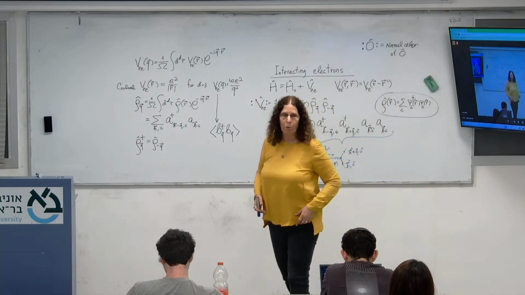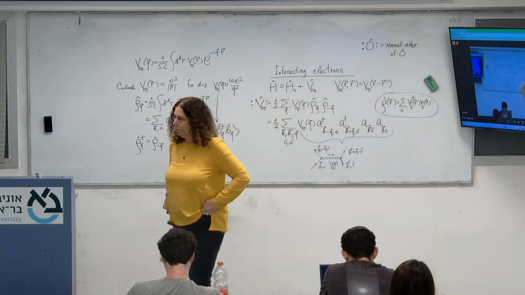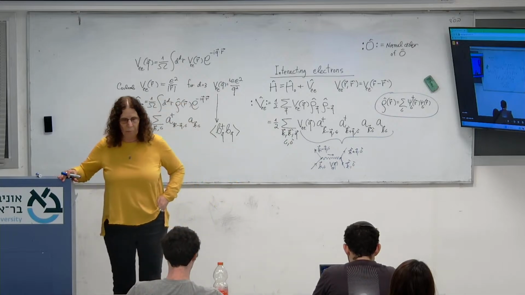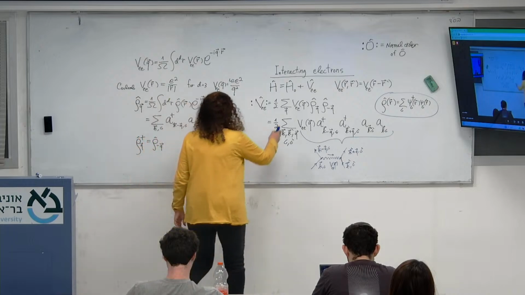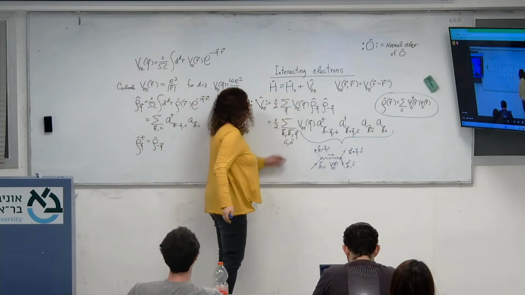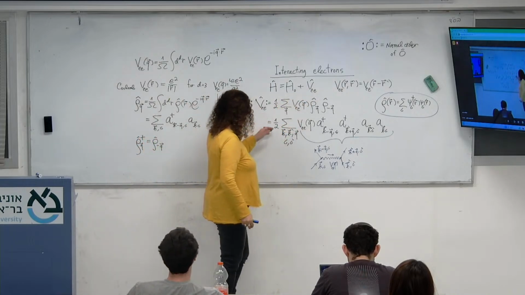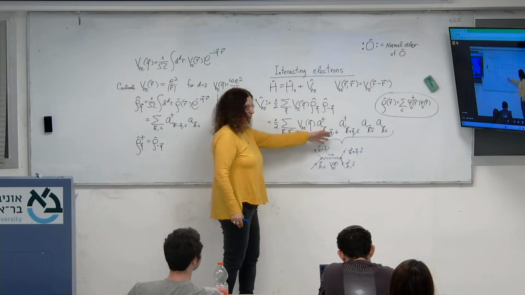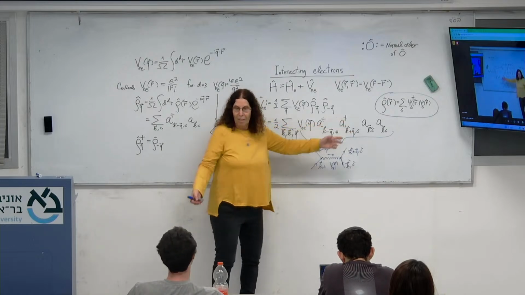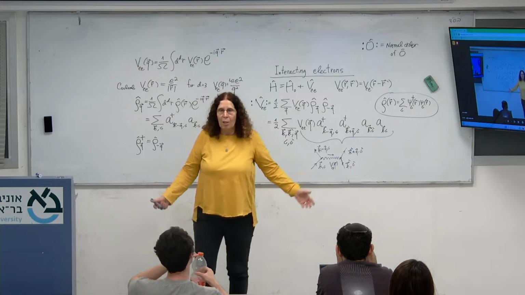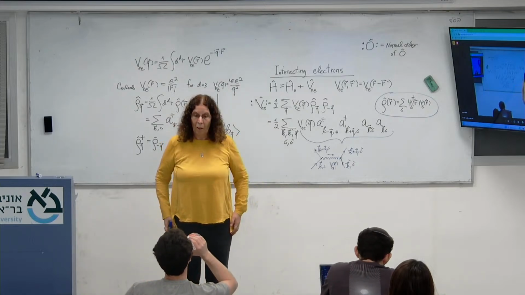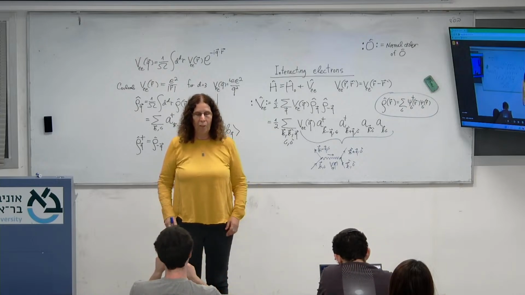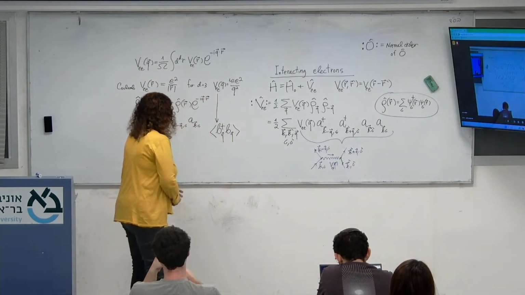You don't know how to diagonalize the Hamiltonian that has both H naught and V, because the interaction has a sum over many indices, and you can see that it's not easy to see a state that is an eigenstate of both H naught and the interaction.